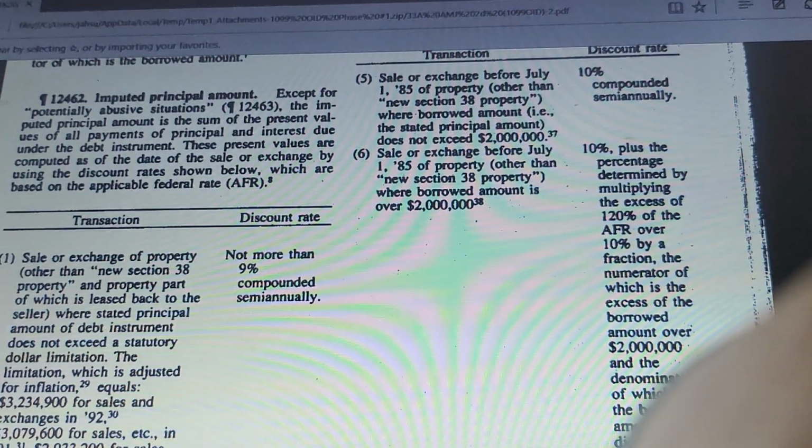These present values are computed as of the date of the sale or exchange by using the discount rates shown above, which are based on the applicable federal rate, the AFR.